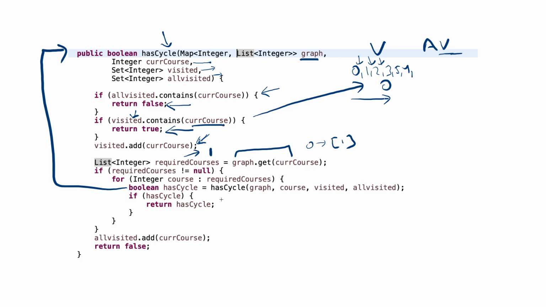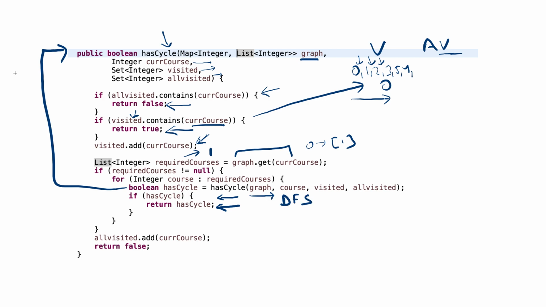And in case during our iteration we find that there is a cycle, we simply return that has cycle is true, and then we don't need to check anything, and we can simply return false from the original method. Otherwise we keep continuing to the other reachable course dependencies in our DFS way.